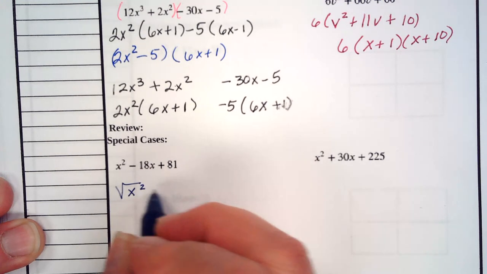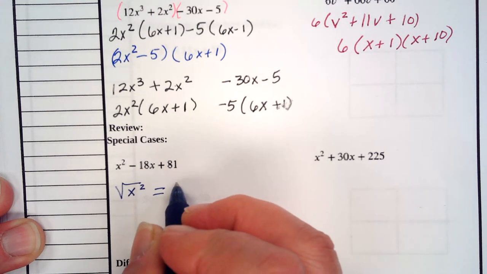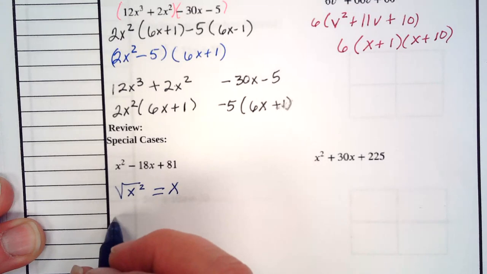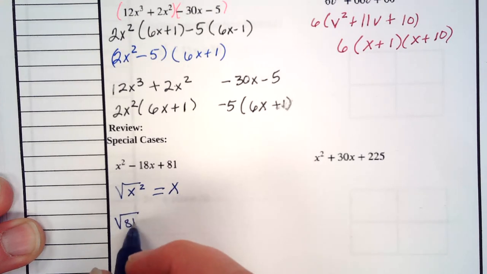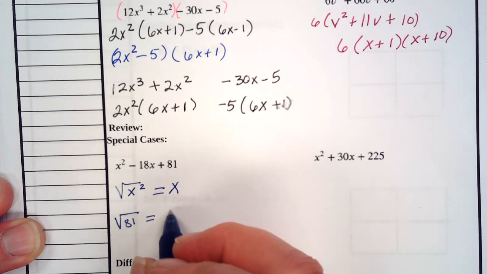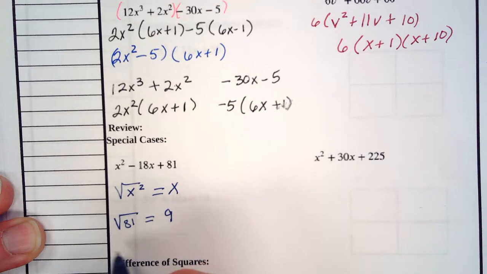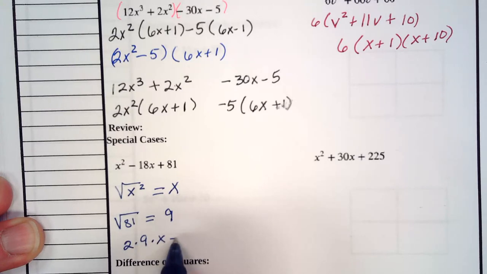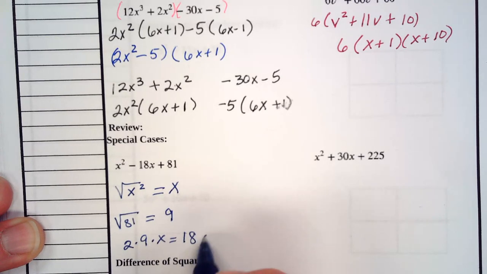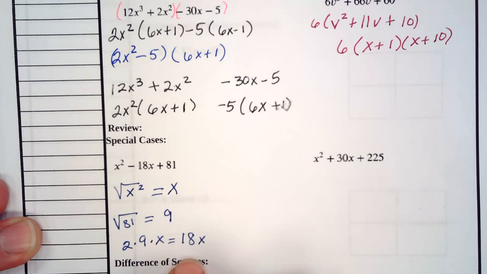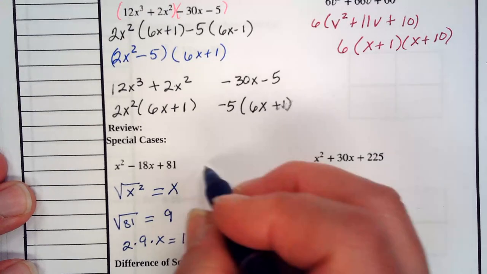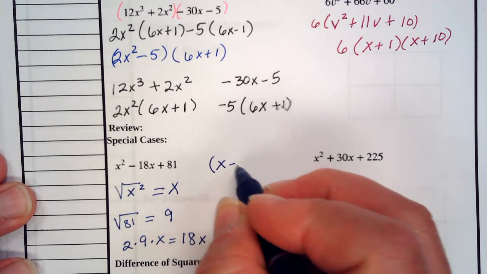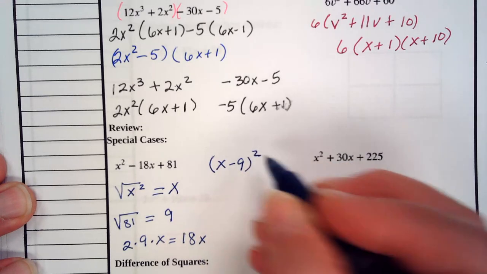Is x squared a perfect square? Yeah, that would be x. Is 81 a perfect square? Yes, that would be 9. Is that middle term 2 times 9 times x? 18x. That's true.